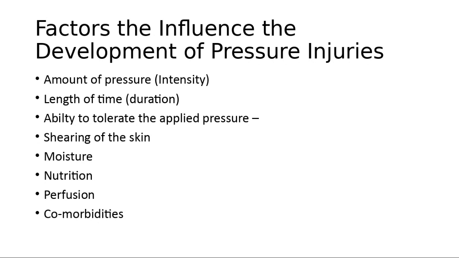Okay. Again, we talked about nutrition, perfusion. You guys haven't gone over this at all, but let's talk about oxygen getting to the extremities, right? So people that have peripheral vascular disease or peripheral artery disease, they don't have good blood flow to their lower extremities, right? Their legs.